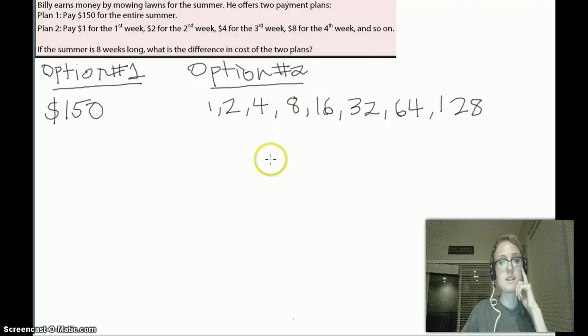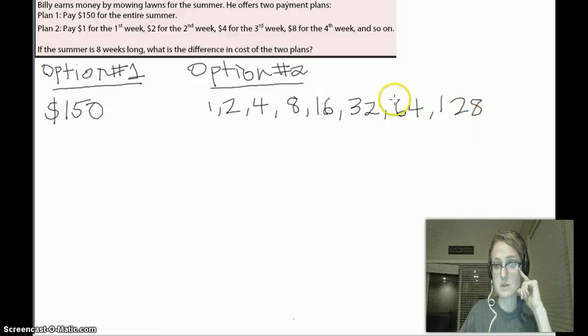Now, what is the difference between the two plans? We can see pretty clearly that the first one's going to be cheaper because for that 8th week, it's 128. Here, let's go like this so we can get an idea. This is going to be week 1. This would be week 2. This would be week 3.